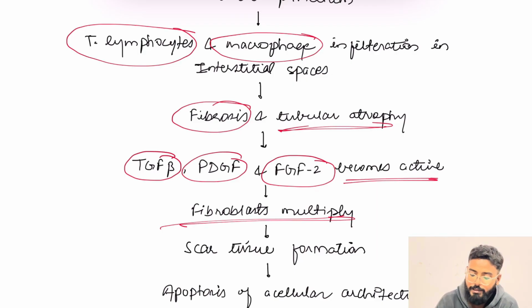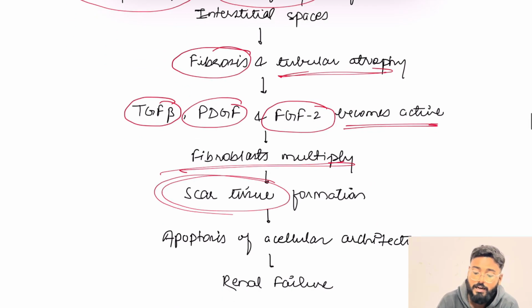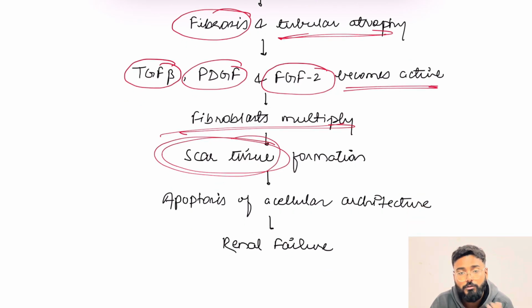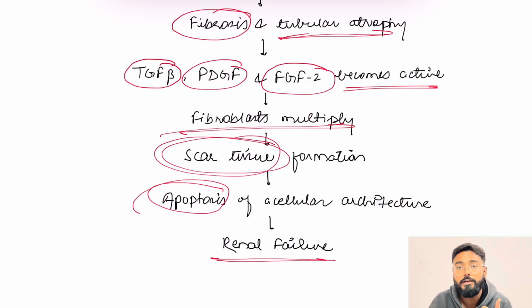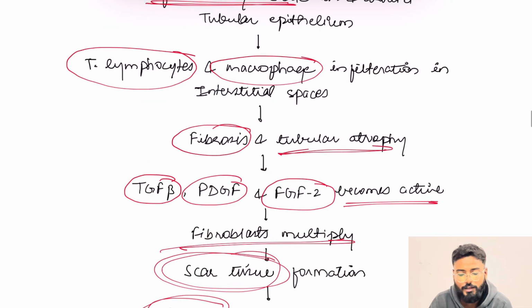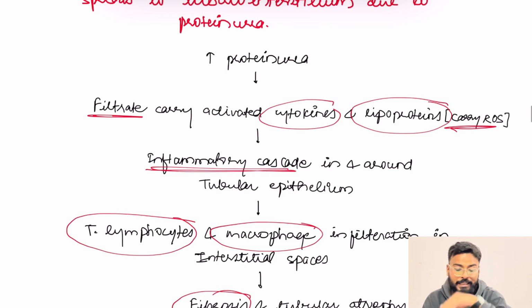Fibroblasts multiply, and there is formation of scar tissue. And to resolve this scar tissue, apoptosis occurs, and that's how your renal failure occurs. So this is the cascade. This is the stepwise cascade of how proteinuria can cause renal failure.